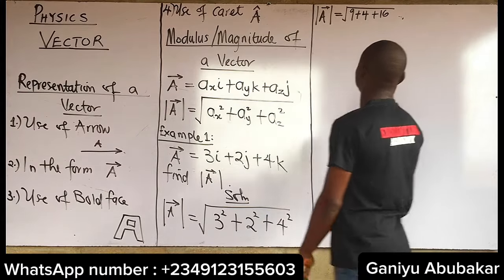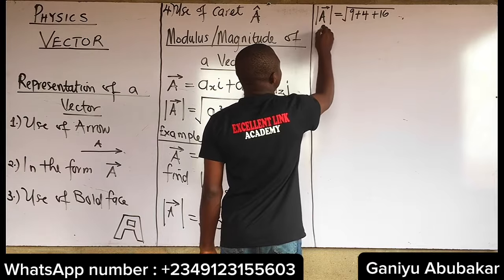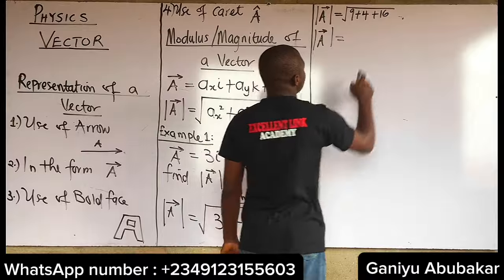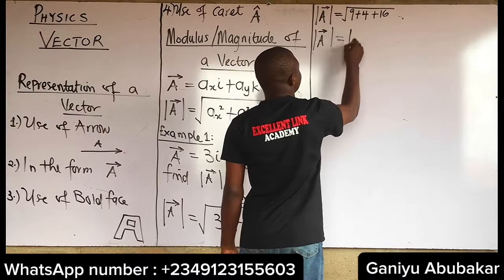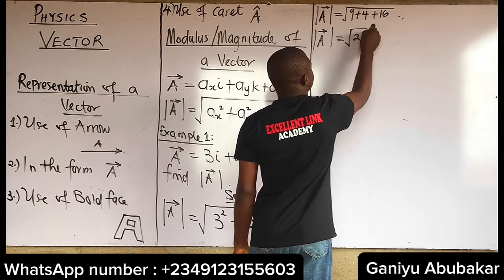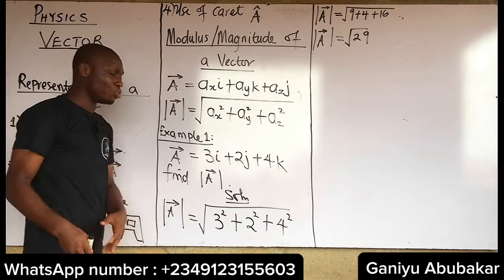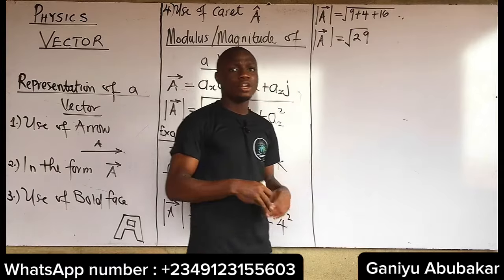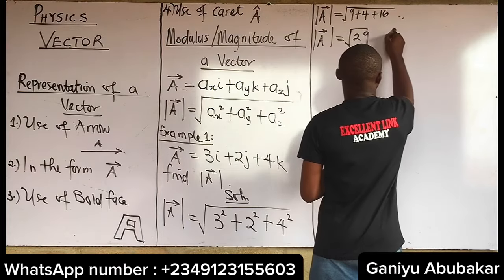If I sum this together, 16 plus 4 gives 20, plus 9 gives 29. That becomes root 29. So the modulus or magnitude of this vector is root 29. Or you can put your answer in decimal form.